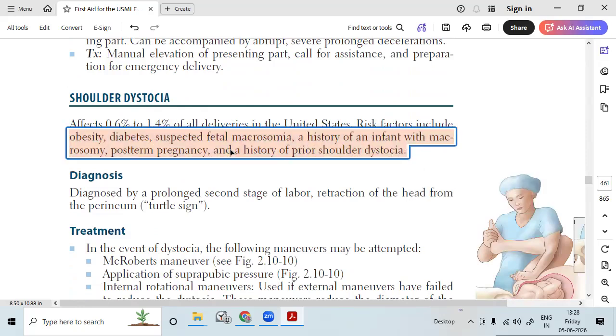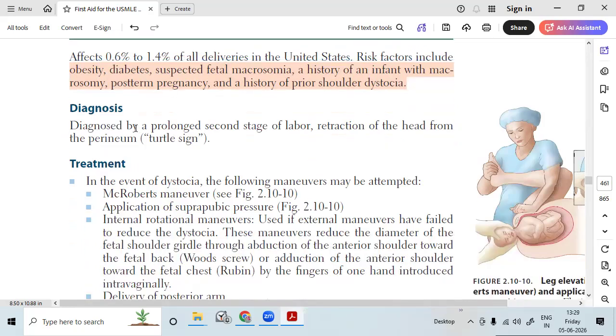We can see somebody who's got a large baby, who is themselves large, having metabolic syndrome, or a post-term pregnancy. Those are the cases where shoulder dystocia happens. It is diagnosed by prolonged second stage of labor and retraction of the head against the perineum, that is the turtle sign.